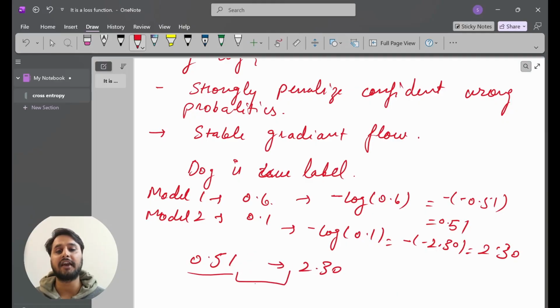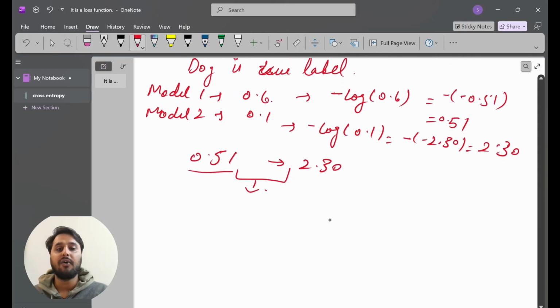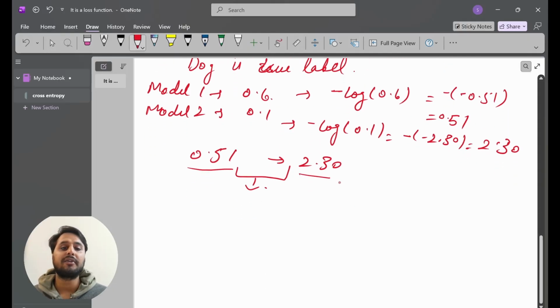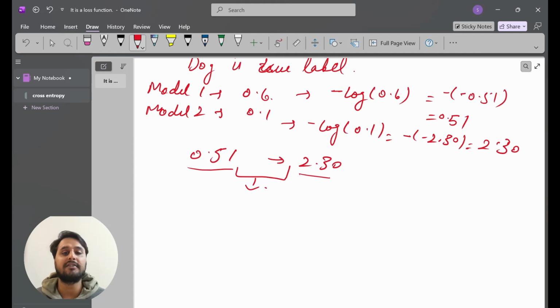There is a large gap. Our model can easily understand that 2.30 is a huge loss, and we are going to adjust our weights using gradient and back propagation, and in the next pass this should decrease for the word dog. So that is why we are using log.